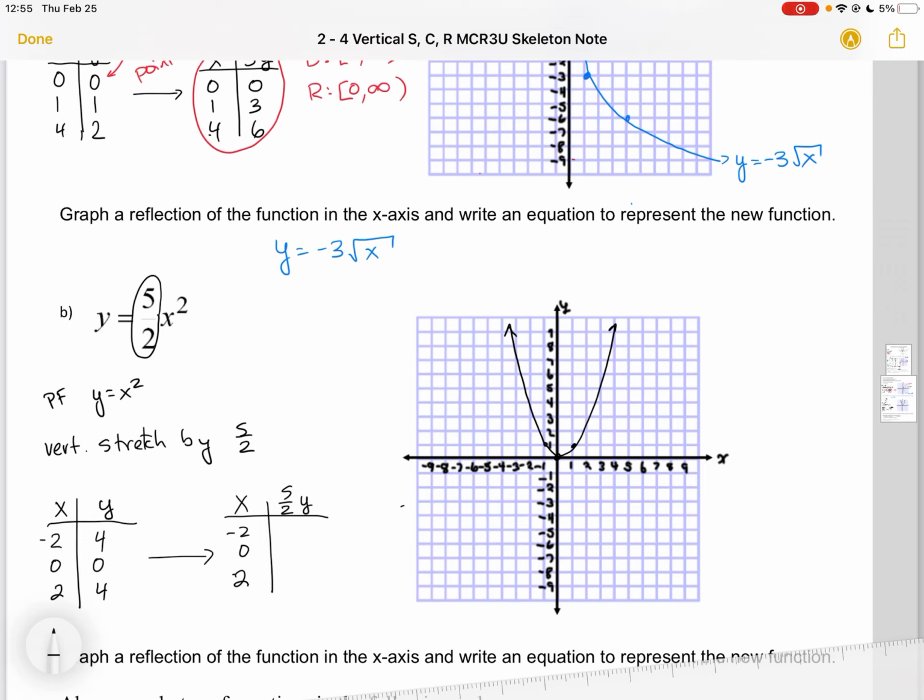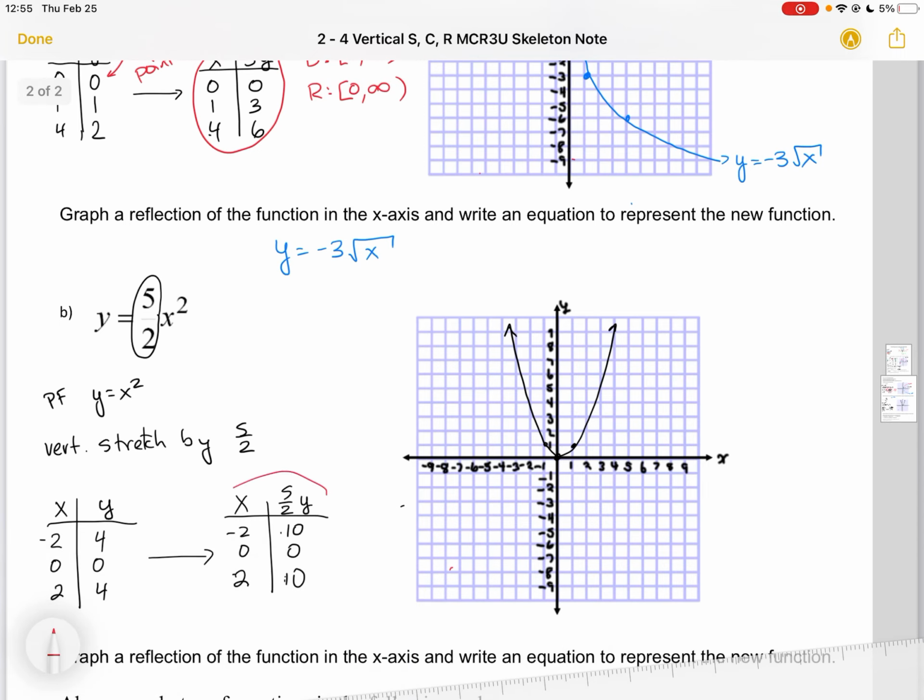So I'm multiplying each y value by 5 over 2. Here I would get 4 times 5 is 20, divided by 2 is 10. 0 stays the same, that's an invariant point. And then 4 times 5 is 20, again divided by 2 is 10.